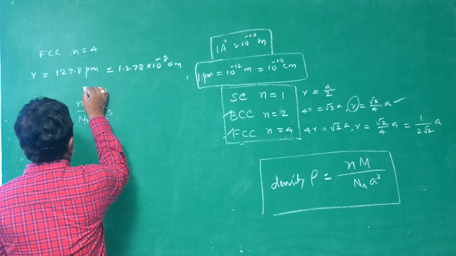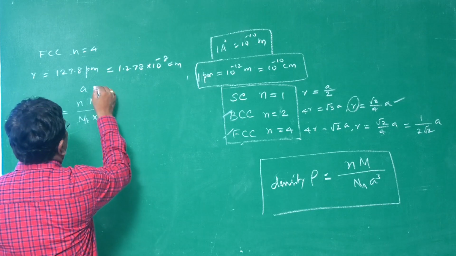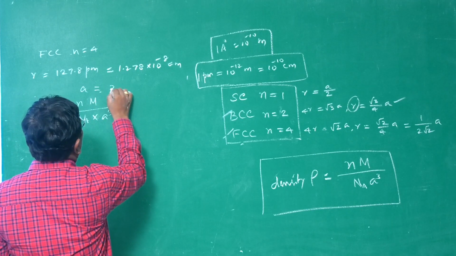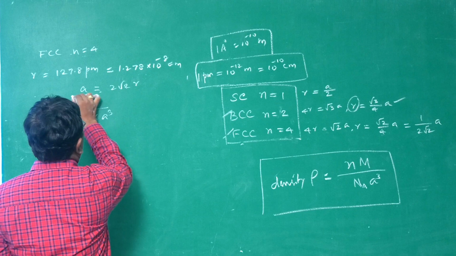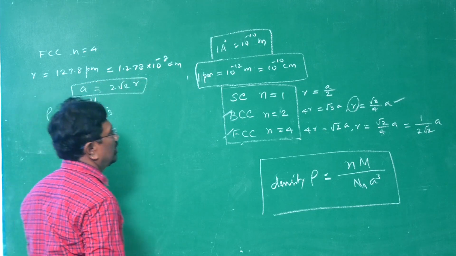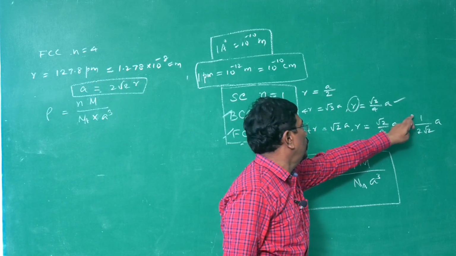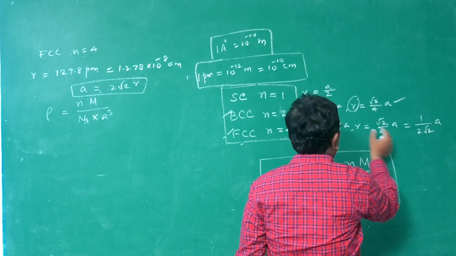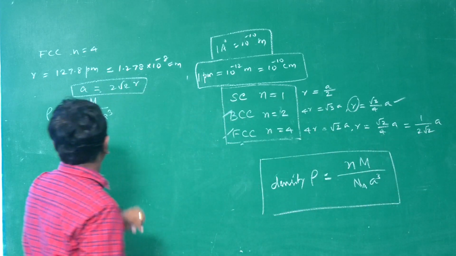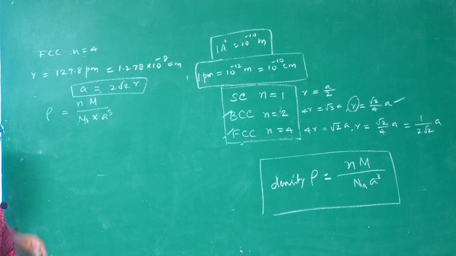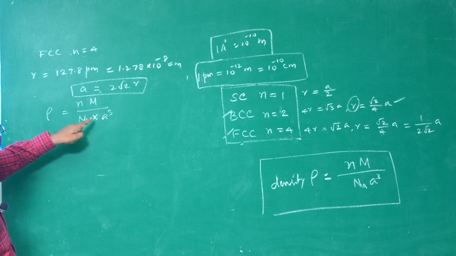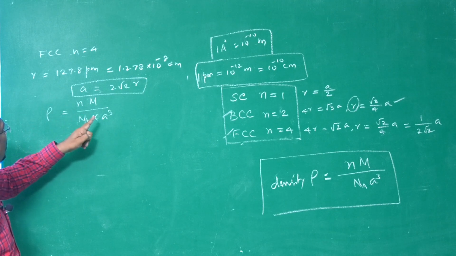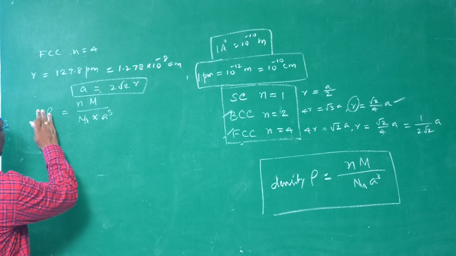A is equal to 2 root 2 R. R is equal to 1 by 2 root 2 into A. Therefore, A is equal to 2 root 2 R. All right. So, instead of R, I can write it, or else we can calculate A first.